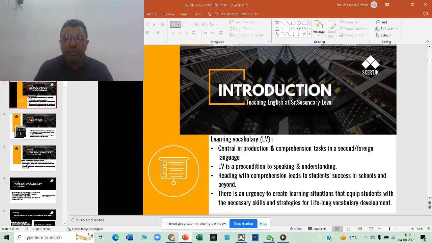So, when it comes to learning vocabulary, we understand that whether our learners want to produce language or comprehend language, and here we are talking about a second language or foreign language, it matters.